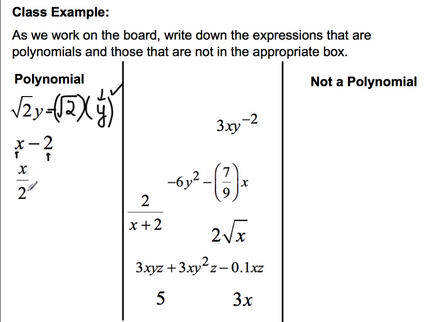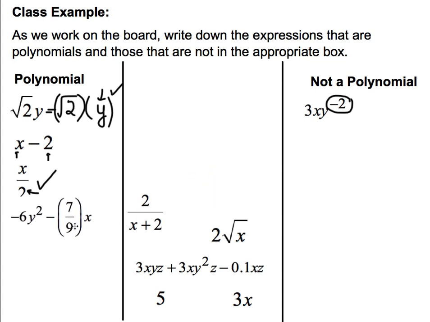Remember, the rule is that in a fraction, as long as this is not a variable, and 2 is not a variable, then that is a polynomial. This one is not a polynomial, and the reason is this negative exponent. You cannot have negative exponents for it to be a polynomial.